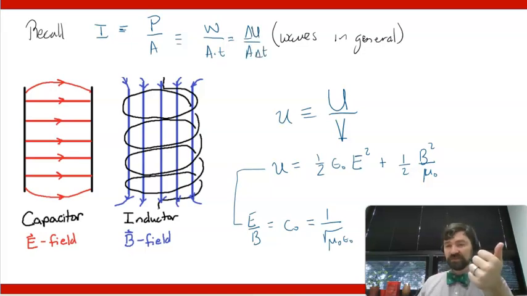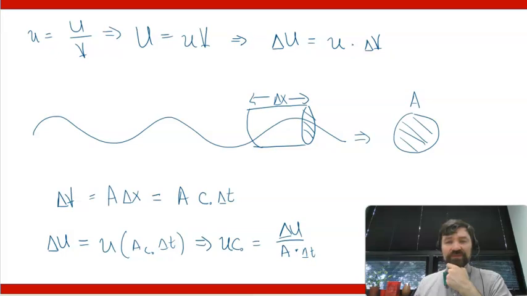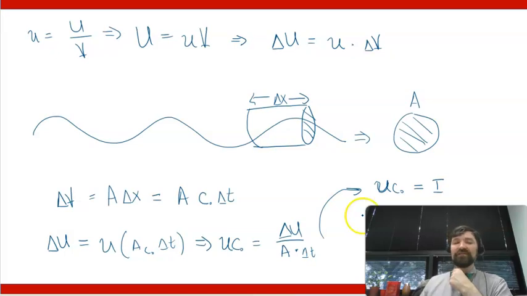The change in potential energy is the work done by the wave. So in conclusion to this bit of derivation, little u times C naught is equal to the intensity of the wave. Okay, so wave intensity.